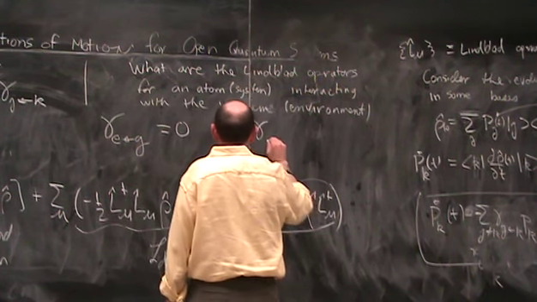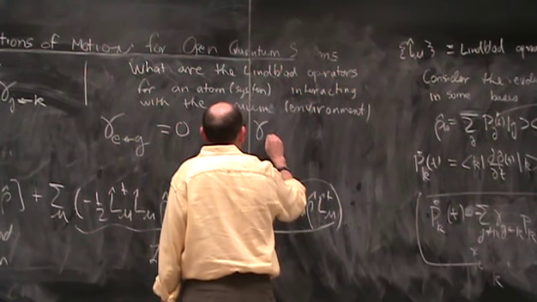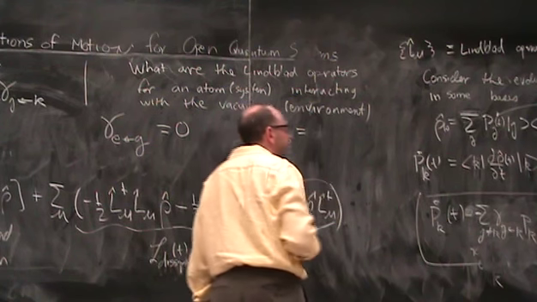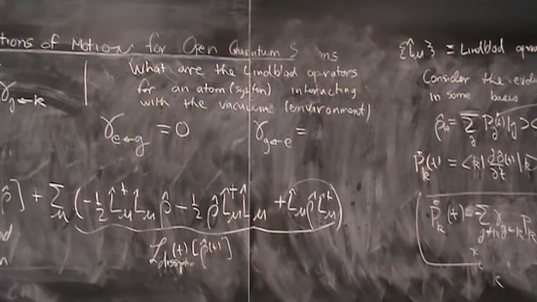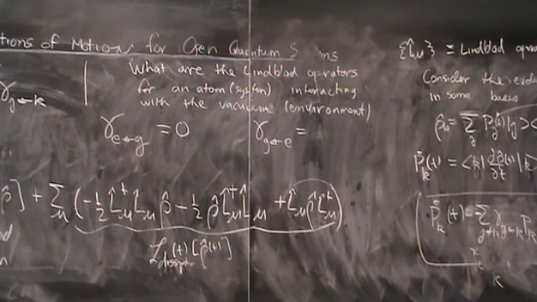And what's the transition rate from the excited state to the ground state? Let's start the atom in the excited state, in the vacuum. Well, in this case it starts in the excited state.